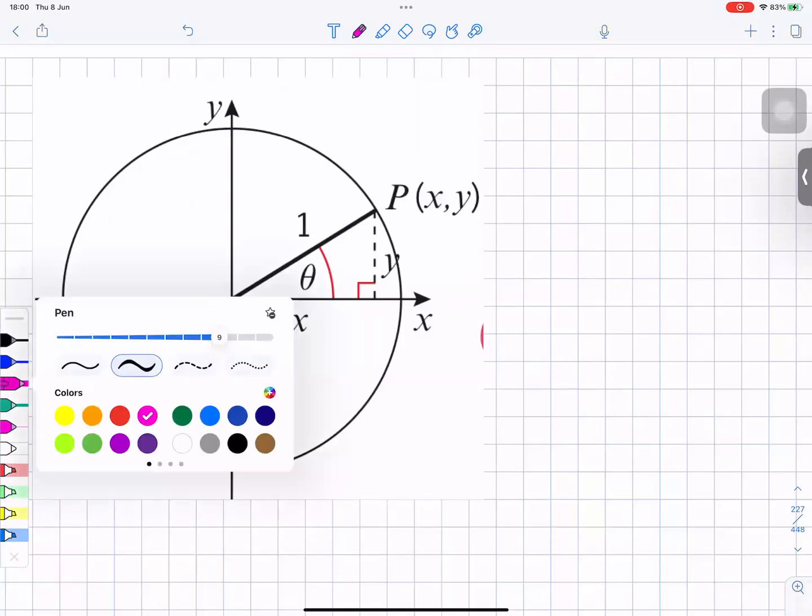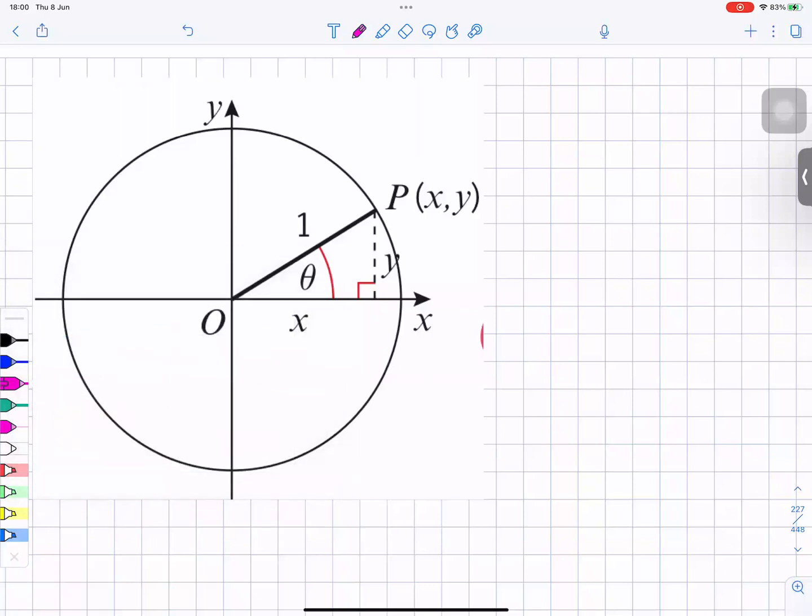So what you want to do is to look at this triangle I'm going to sketch there. You see the triangle in pink? Yes. And the angle there is theta. So if I'm using, I will start from SOH CAH TOA.